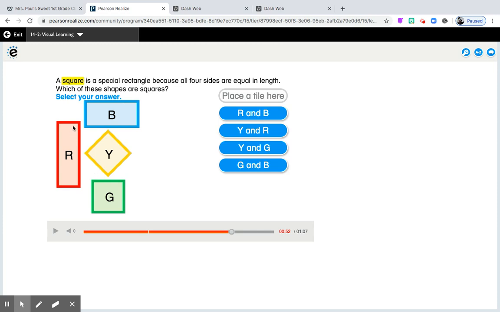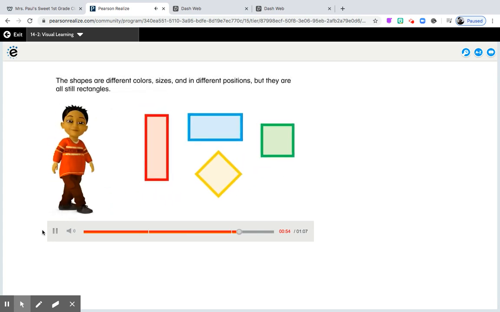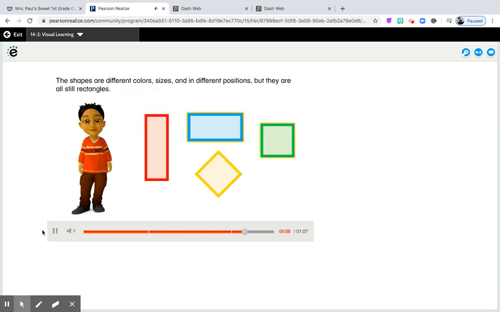Okay? A rectangle, you have two sides the same. So, which shapes are squares? Y and G, if that's what you were thinking. Good job. The shapes are different colors, sizes, and in different positions, but they are all still rectangles. Shapes are not defined by color, overall size, or position.